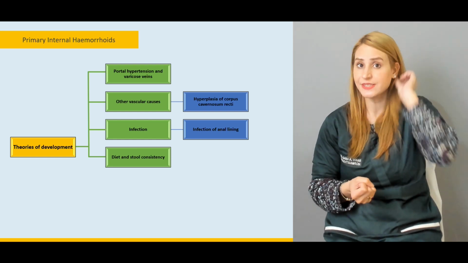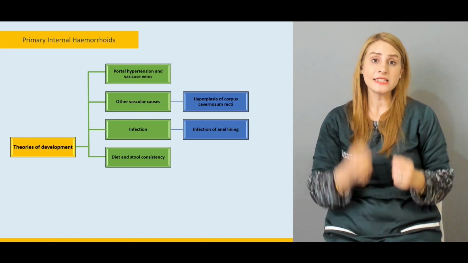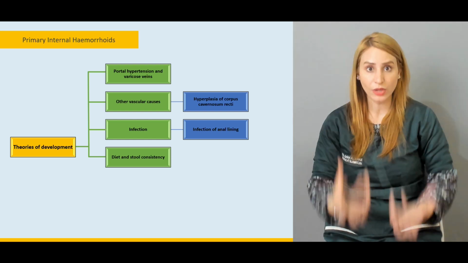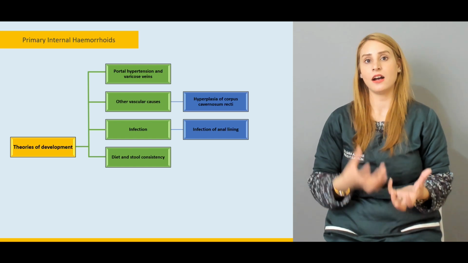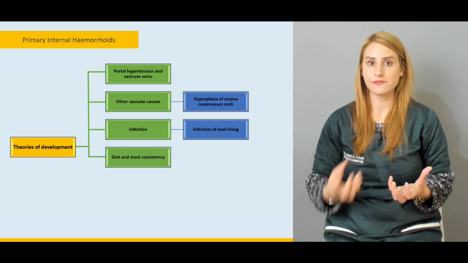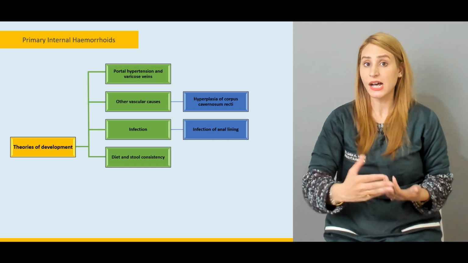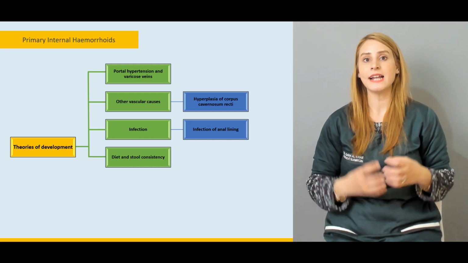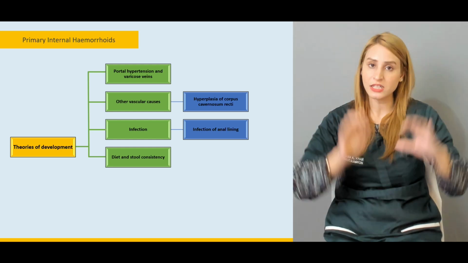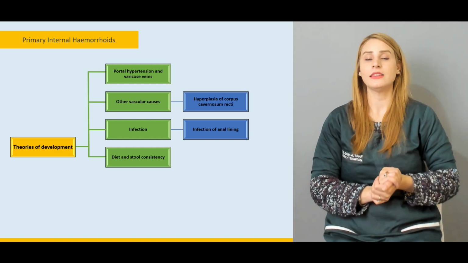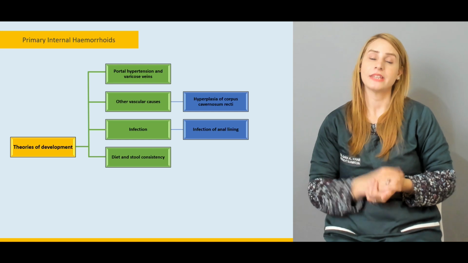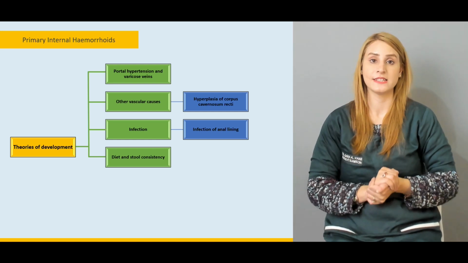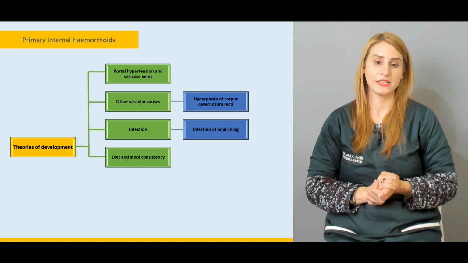Because of the deficiency of water, this stool hardens, and when you strain, there is an obstruction to the venous flow by that stool, plus the straining also increases the pressure. So a pressure is generated on these anal cushions, and that results in dilatation and tortuosity of these, or the development of internal hemorrhoids.